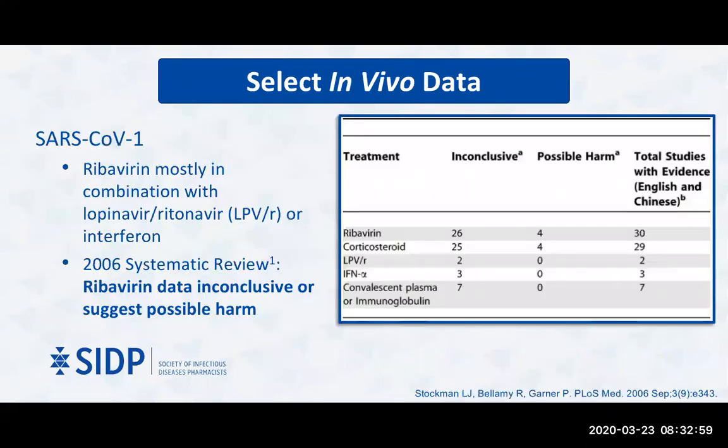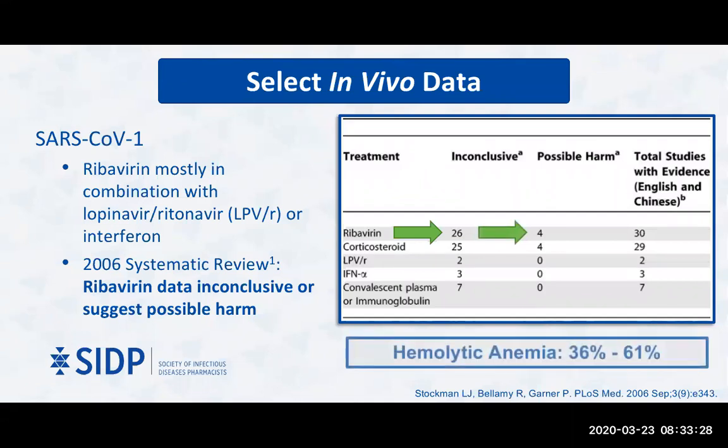And this data was summarized very nicely in a 2006 systematic review that looked at 30 trials evaluating ribavirin for SARS-CoV-1. 26% of them were deemed inconclusive in terms of the efficacy for ribavirin, and that's mostly because ribavirin was given in combination with lopinavir, ritonavir, or interferon, making it difficult or impossible to distinguish the treatment effect of ribavirin itself. 4 of the studies actually demonstrated possible harm, and this was noted with, as an example, hemolytic anemia that ranged anywhere from 36% to 61% in these trials.